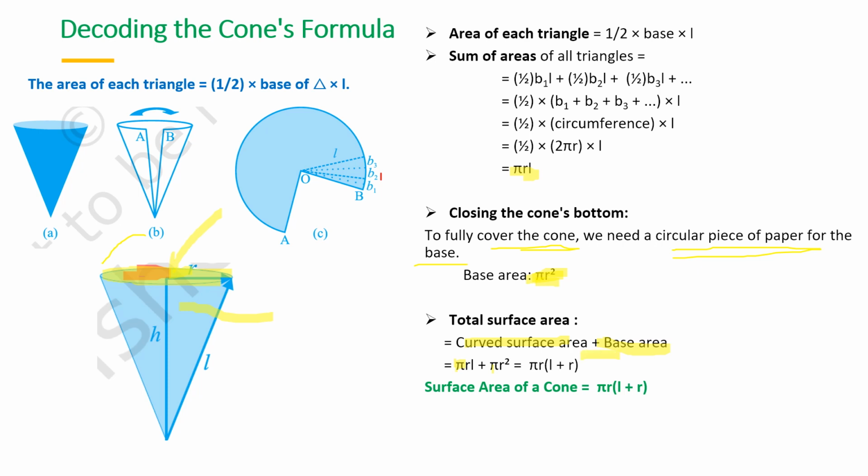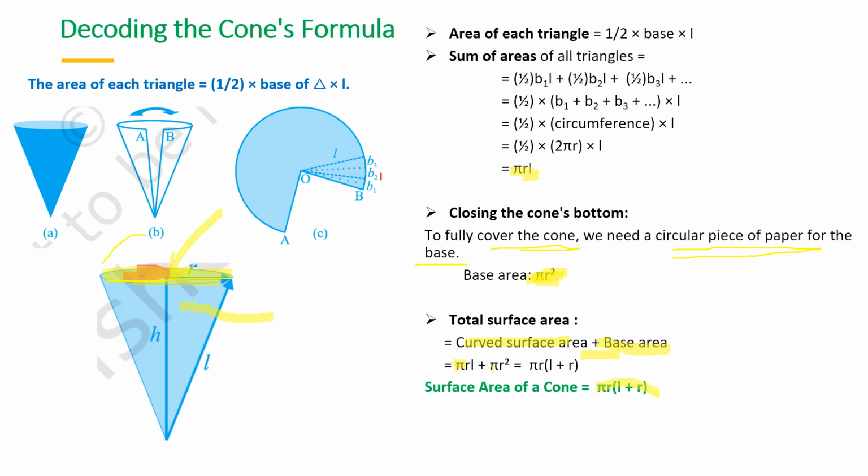Now what is the summary? Surface area of the cone is equal to pi r into l plus r, where r is the radius of the circular base, this one, and l is the slant height of the cone.